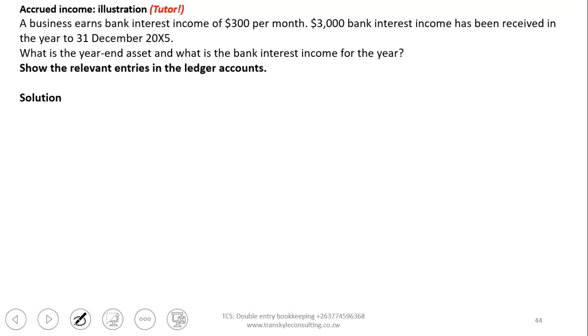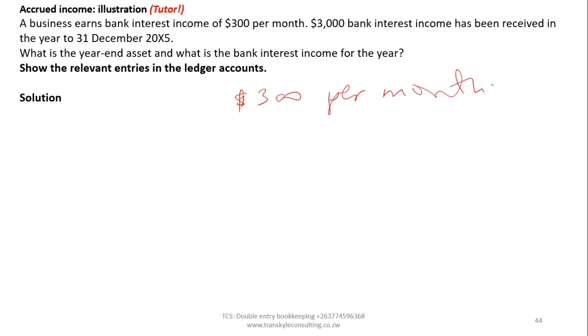One thing we have to be clever about is that we have been hinted by the examiner that these guys earn 300 per month, and we know that the full year has got 12 months. So if we multiply 300 by 12, we get 3,600. This should be the total amount this guy has to receive.